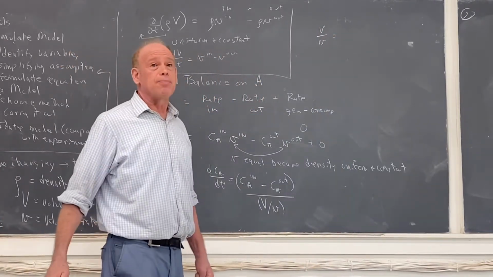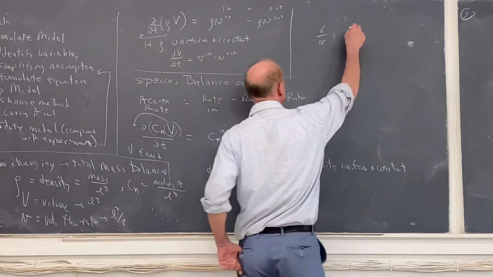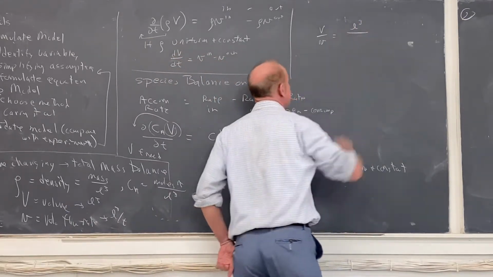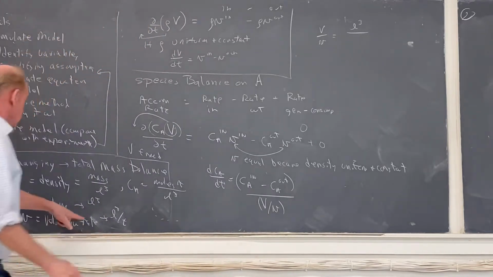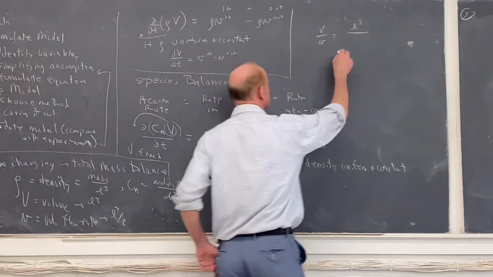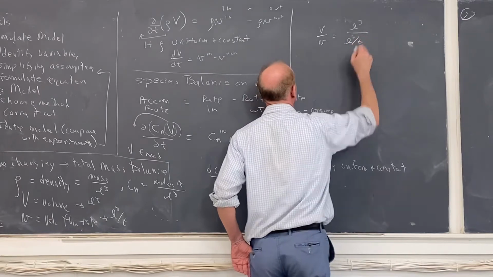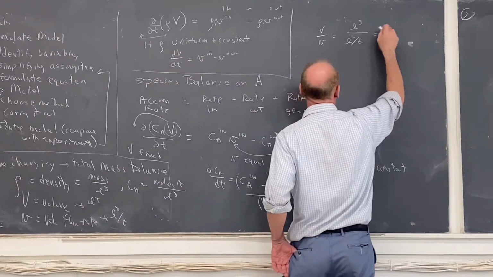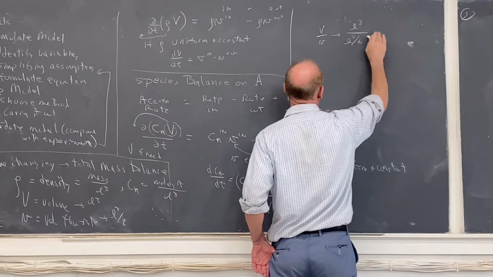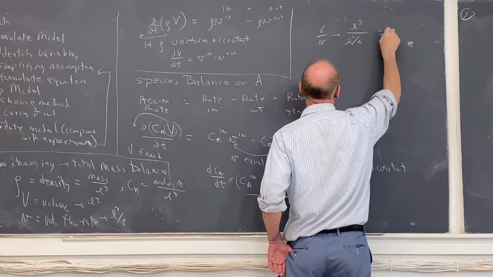The top, big V, has units of length cubed. And the denominator, little v, has units of length cubed per unit time. So notice the overall units of this thing are units of time.